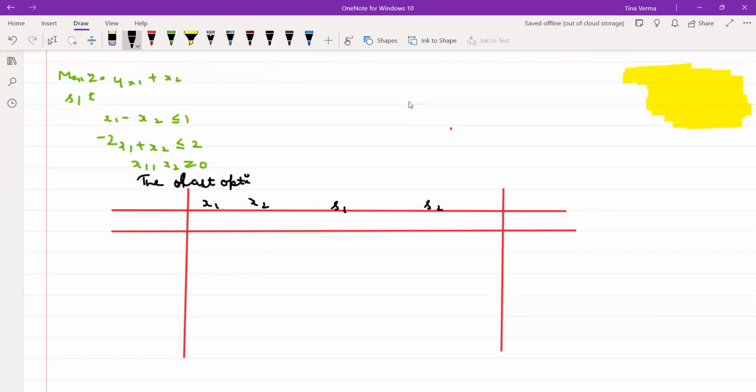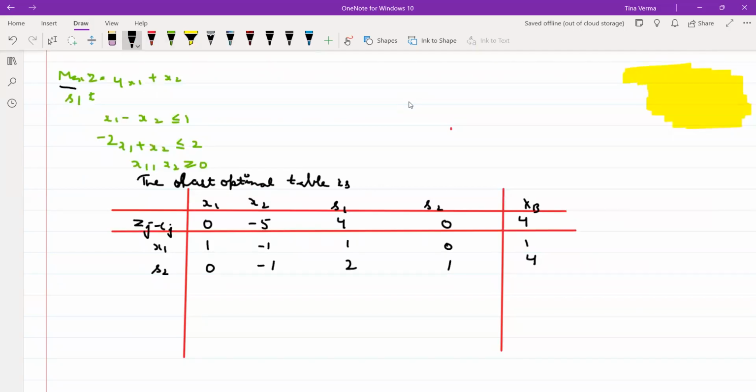This is Zj minus Cj: 0, minus 5, 4, 0. Here my solution is coming out to be 4, this entry is 1, this is 4, and my basic variables are x1 and s2. Even after one iteration you will get this answer if you perform the iteration yourself. Minus 1, 1, 2, 0, 1.